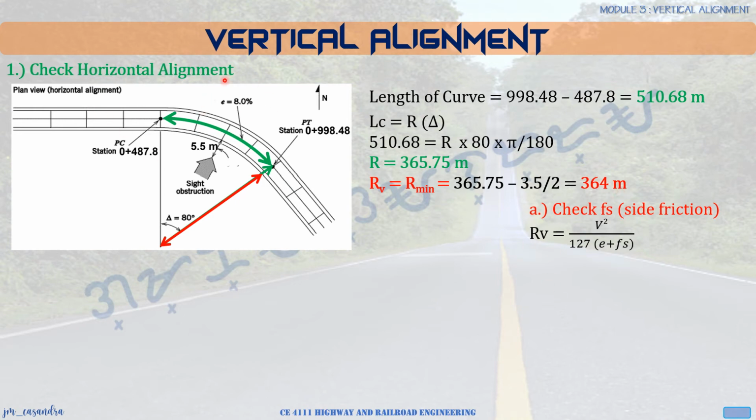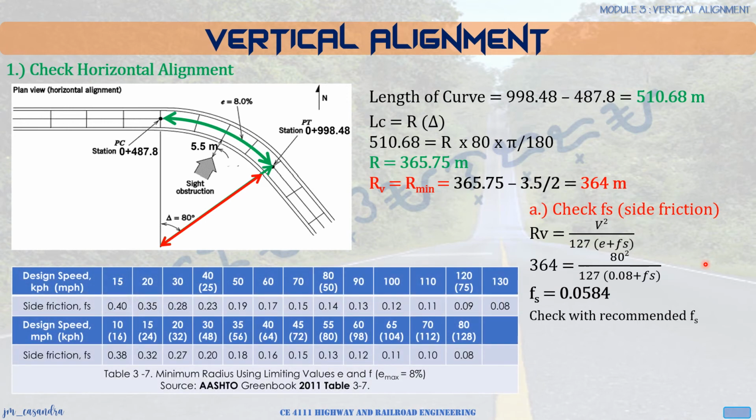E is given at 8%. So we solve now for the side friction, which is equal to 0.0584. And this computed value of Fs will now be compared with the recommended side friction for the 80 kilometers per hour speed based from AASHTO 2011.